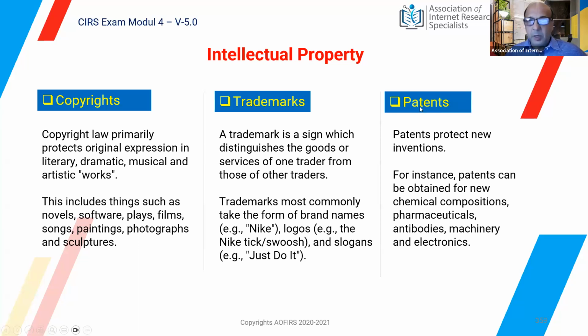Patents, we are not going to go very deep into this because patents are really one area which, depending on whether it's going to impact your research work or not, we're going to put them as least priority, because patents are not something that you would be infringing much, or you wouldn't come across a patents issue as much as you would with copyrights and trademarks. So more emphasis on copyrights and trademarks, less on patents.